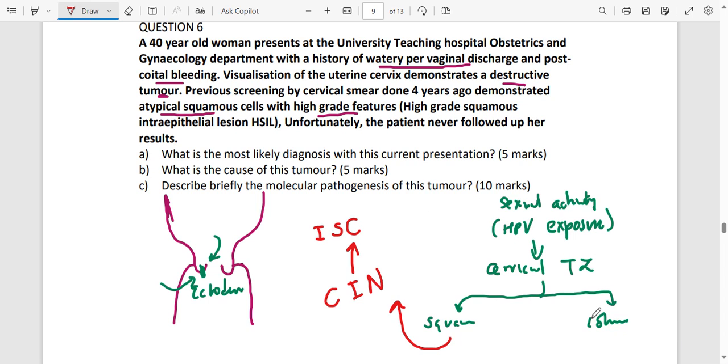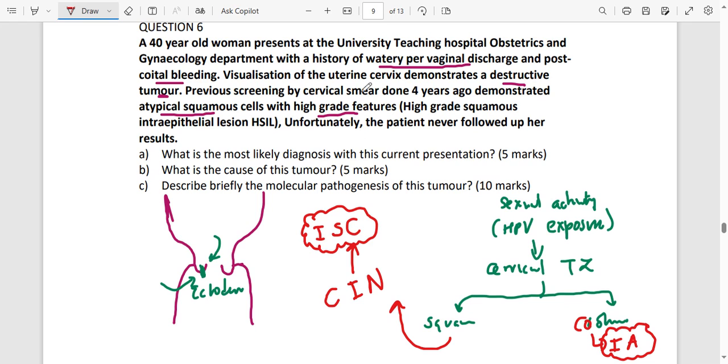If that was affecting the other epithelium, the columnar epithelium, the cancer that develops here is known as invasive adenocarcinoma. Adenocarcinoma, just like we talked about with the breast, is affecting the columnar cells, and invasive squamous cell carcinoma is affecting the squamous cells.